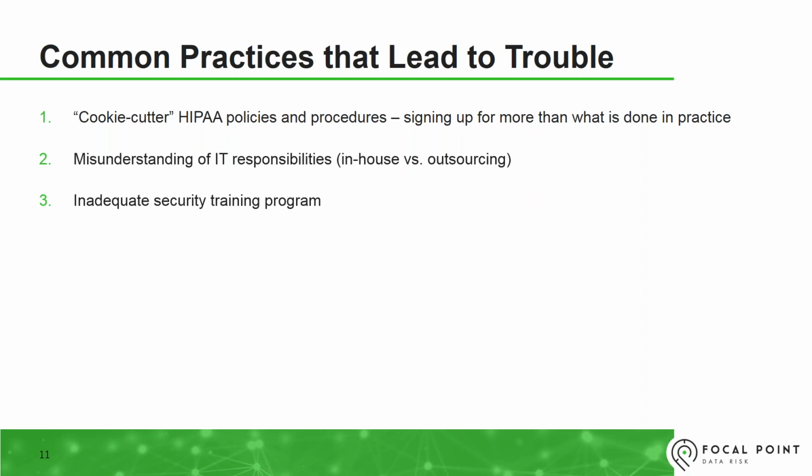So the next one we have here is number 3, which is inadequate security training programs. This is another area that often gets overlooked, or not enough importance put onto it, especially at smaller organizations that we get exposed to. A lot of times, we'll see an organization might have some training material around the do's and don'ts of the appropriate use, access, and disclosure of different PHI or ePHI, and maybe it's given at onboarding of a new employee.